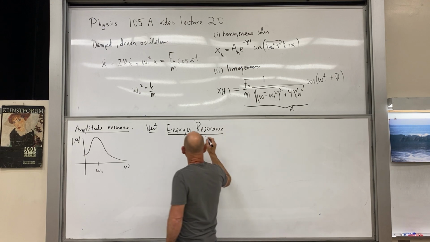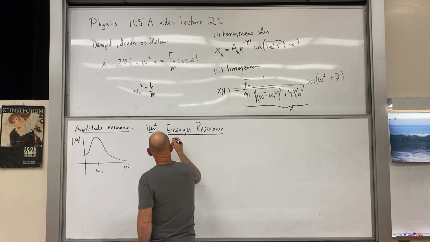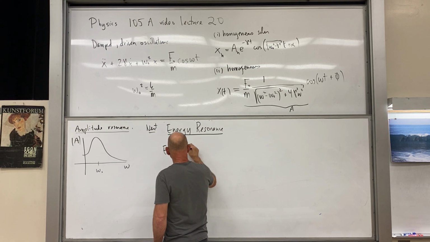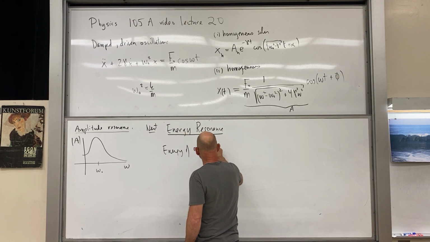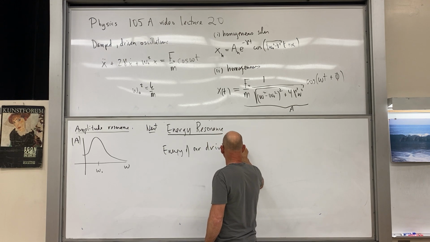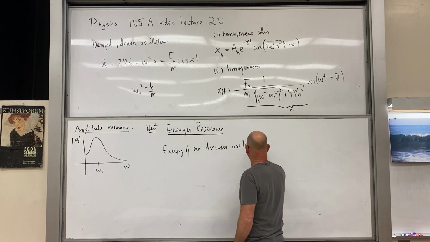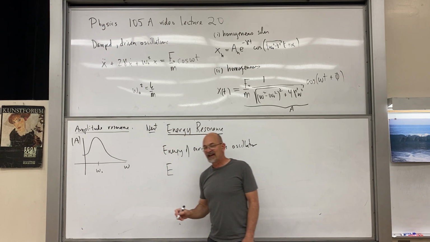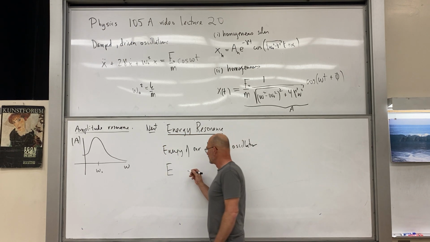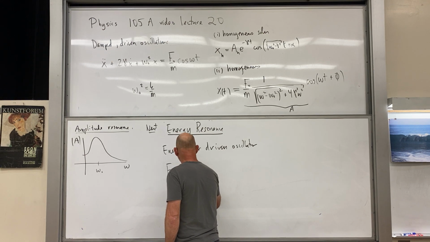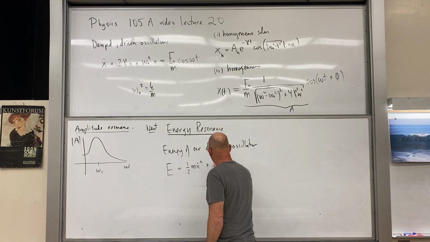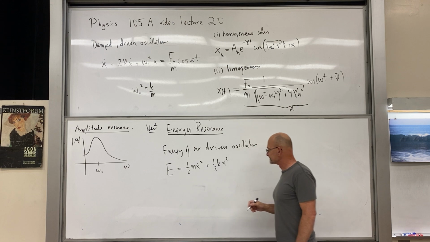So let's go ahead and calculate the energy of our driven oscillator. Well, the definition is just the kinetic energy plus the potential energy. Okay. So we have 1/2 m x dot squared plus 1/2 k x squared.